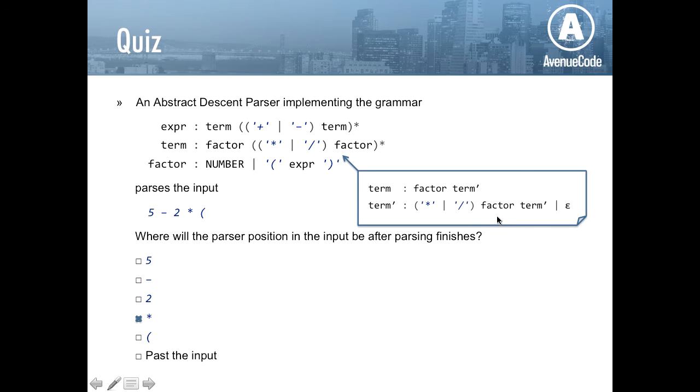So actually, when we fail our factor here, we backtrack everything we have inside the rule. So we backtrack before this multiplication sign we matched here. So our valid input for this is 5 minus 2. It recognizes this part of the input.